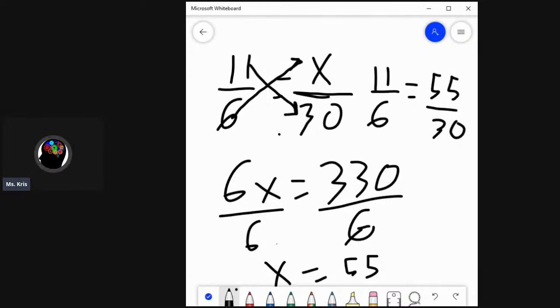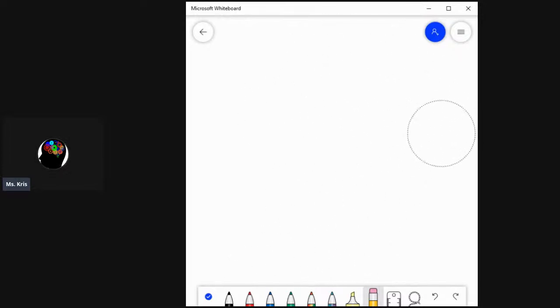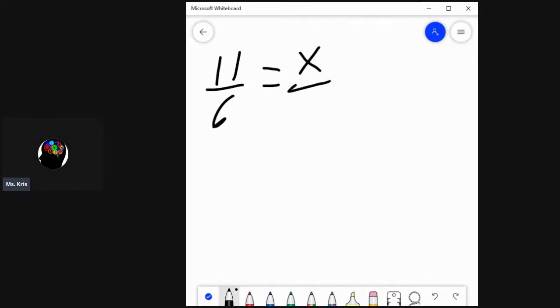Now, another way you could have done it was, instead of cross multiplying, have 11 over 6, and we still have x over 30.